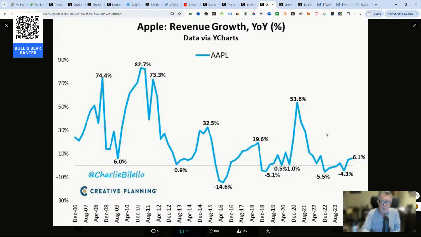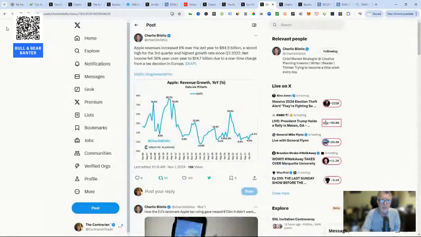You have lower highs. It looks as though we're trying to step in and put in higher lows. But right now, this growth chart on Apple is really kind of depressing, vacillating between positive and negative. They need a killer product, and they haven't had one since Steve Jobs died.